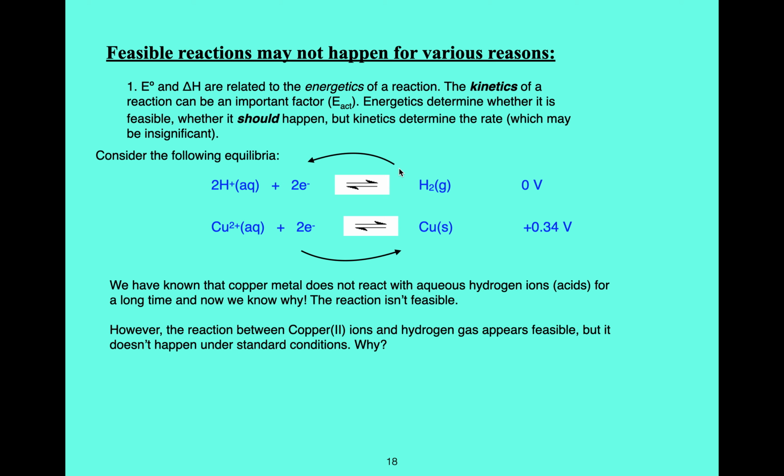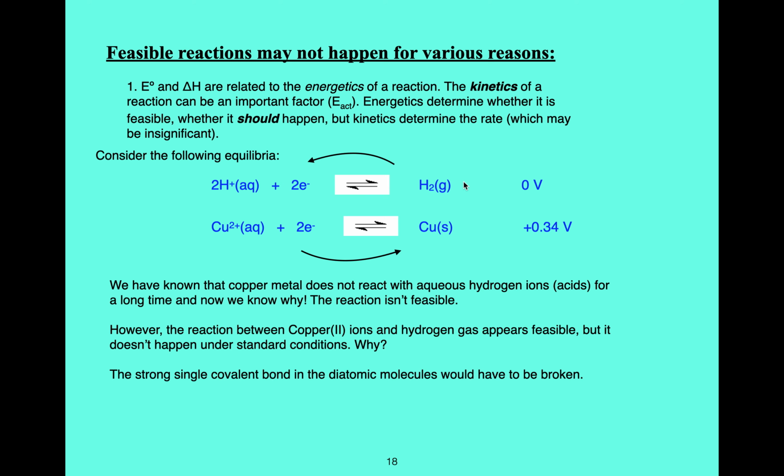However, this system implies that copper ions should be reduced and that hydrogen should produce hydrogen ions. But it doesn't happen under standard conditions. Even though thermodynamically it looks like it should happen, it doesn't.